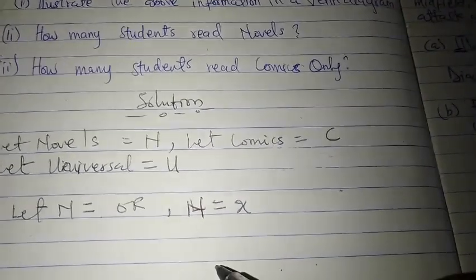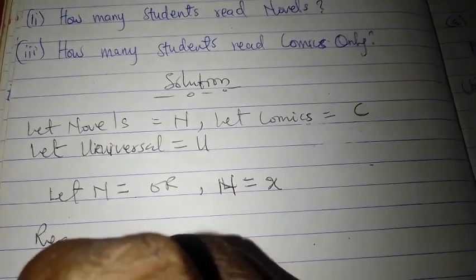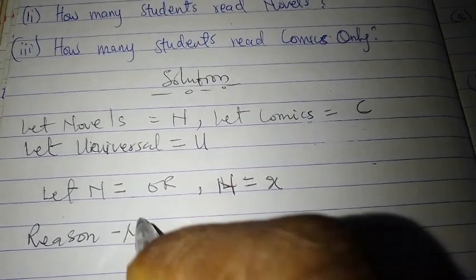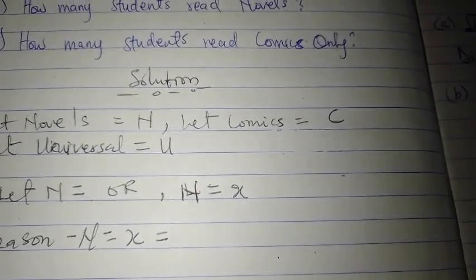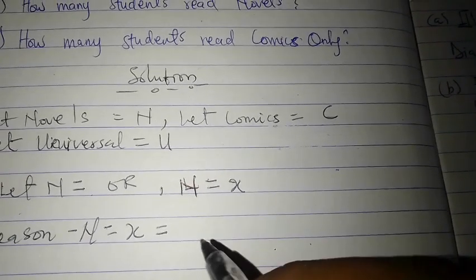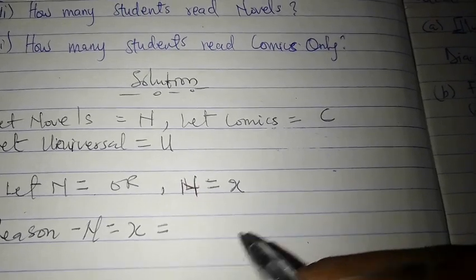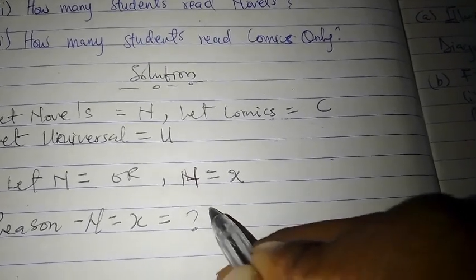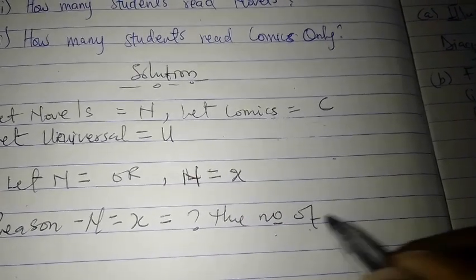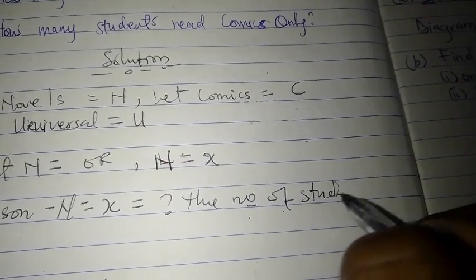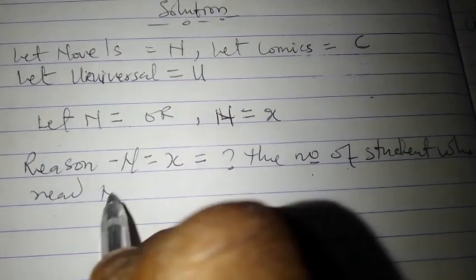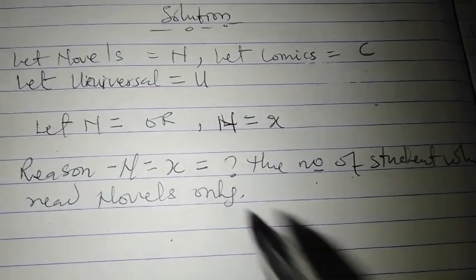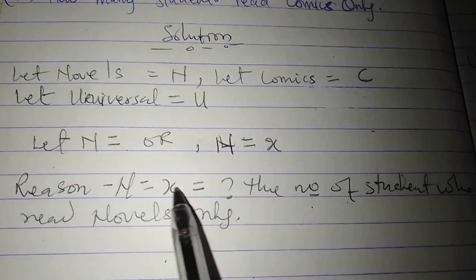So now the reason why n is equal to x is because we were not given the number of students who read novels only. So that's the reason why n is equal to x, because we don't know x.